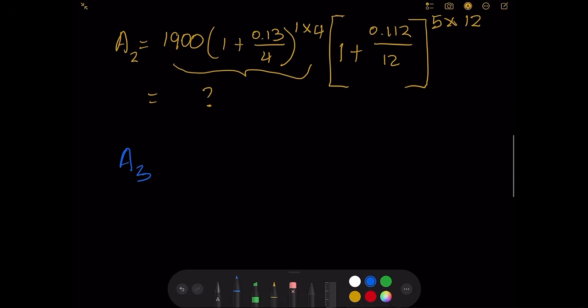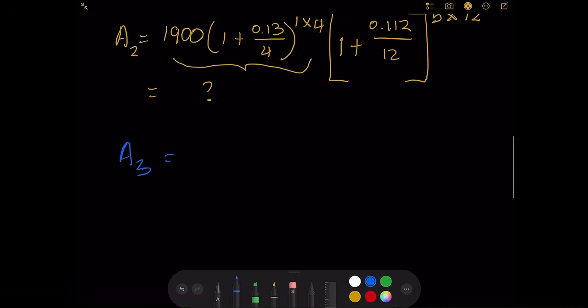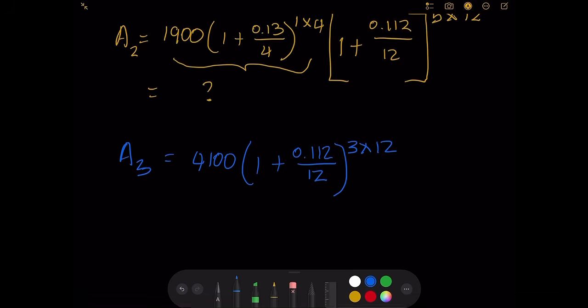So for the 4,100, we'd have the principal amount, 4,100, times 1 plus 0.112 divided by, remember, it's monthly, okay? But remember, it was done at year 5, right? So we only had 3 years, but remember, this is on a monthly basis.